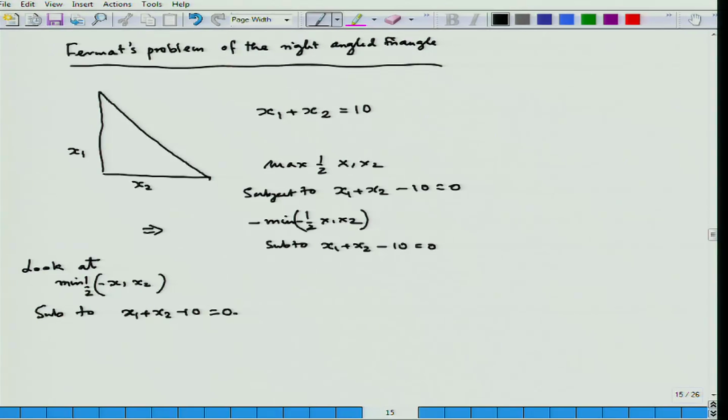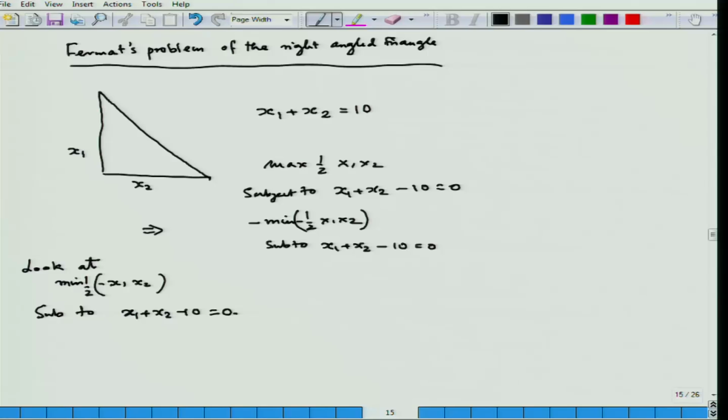You have to first decide how do you know that there is a solution to this. Now, if I restrict x1 and x2 to be greater than or equal to 0, then you are sure that there is a solution, because that set x1 plus x2 equal to 10 would become a compact set, and basically it will become something like this.